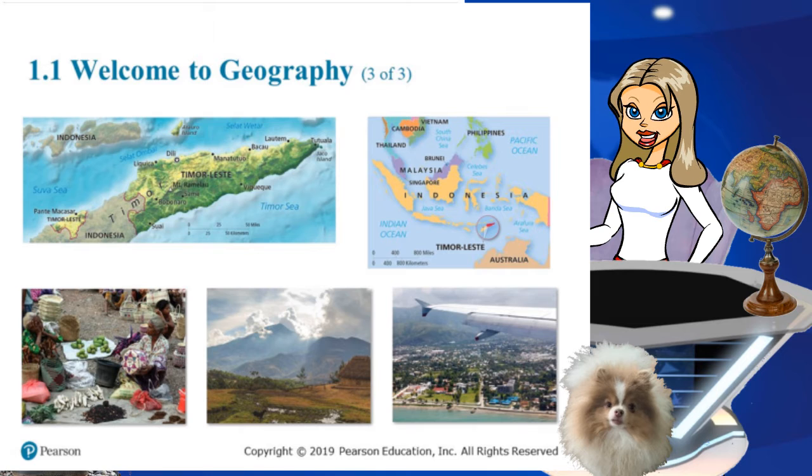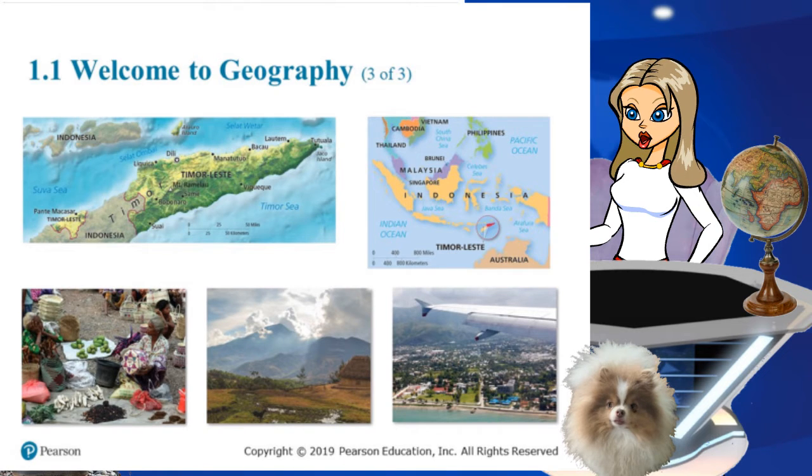At a global scale, the capital city, Dili, has supermarkets selling food imported from Indonesia, China, Australia, New Zealand, Portugal, and Brazil. Space. The gap between places can be minimal or substantial.